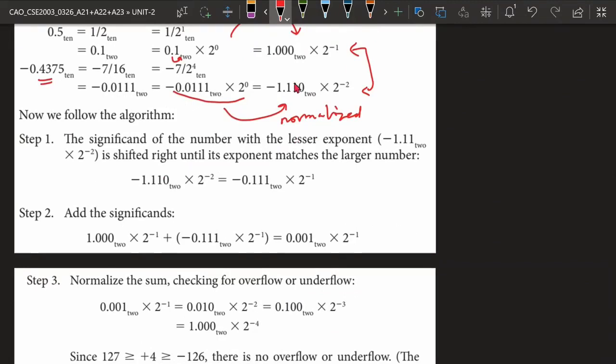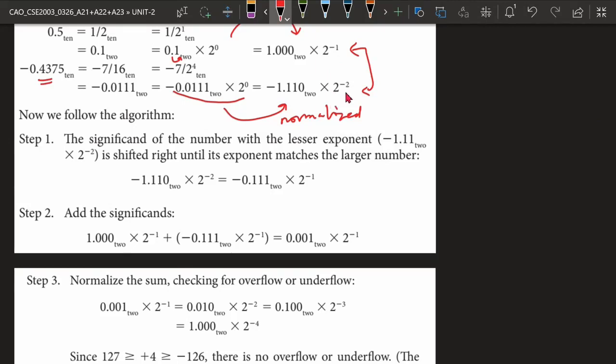For addition or subtraction of these two numbers, we need to equate the powers. Here the highest power is 2 to the power minus 1, so this is the higher number. Since 2 to the power minus 1 is the highest, we need the same 2 to the power minus 1 for the lower number also.